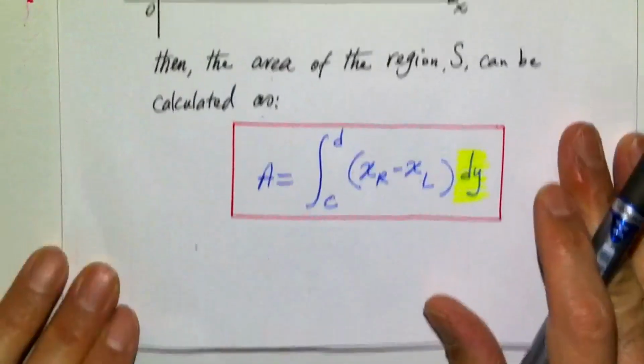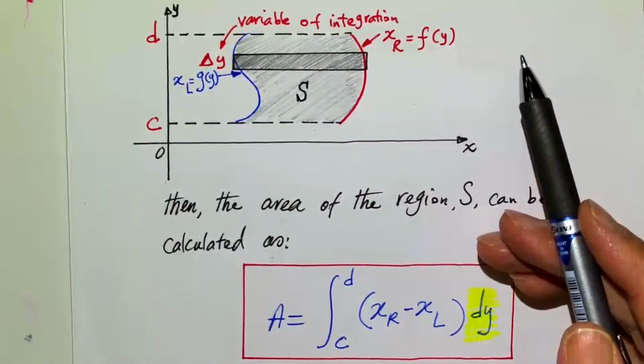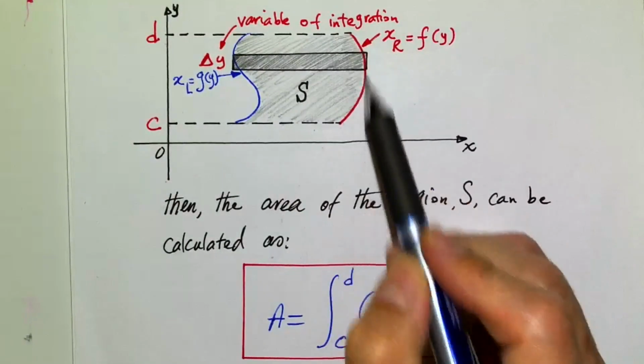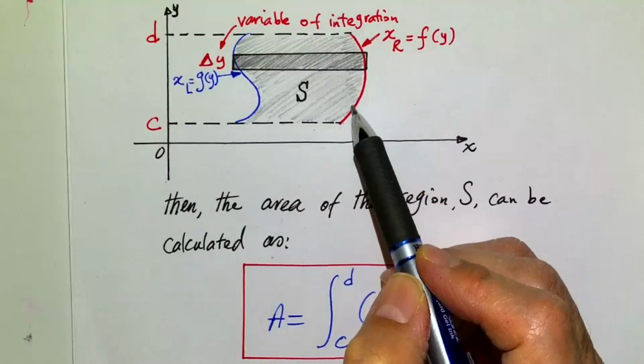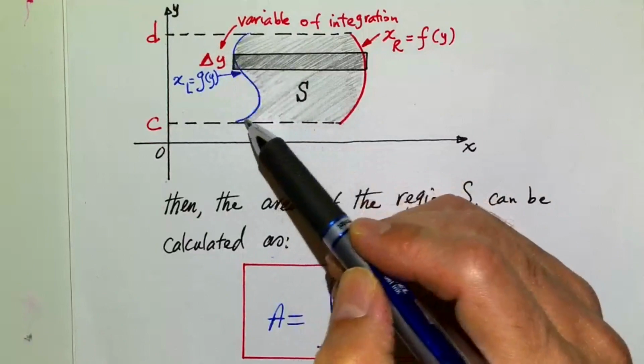But when we are integrating along the y-axis, we take the function that represents the right-hand side curve and subtract from it the function that represents the left-hand curve.